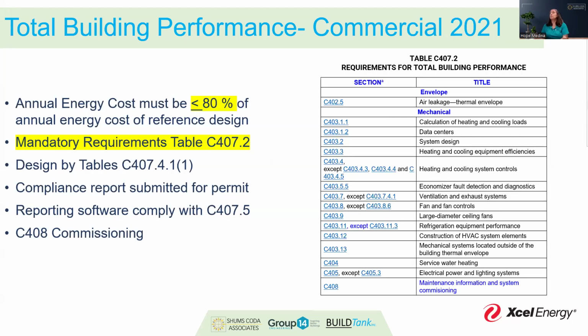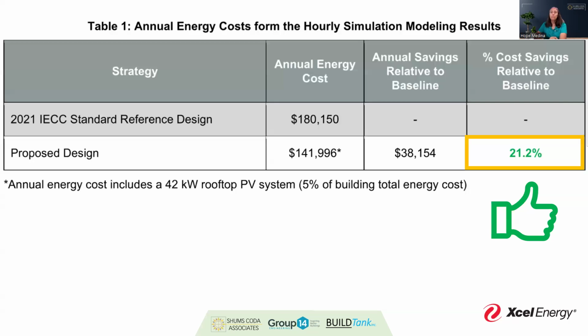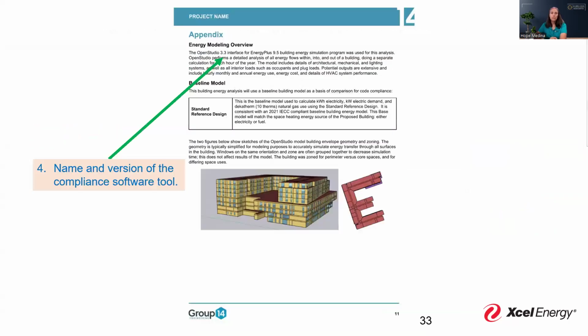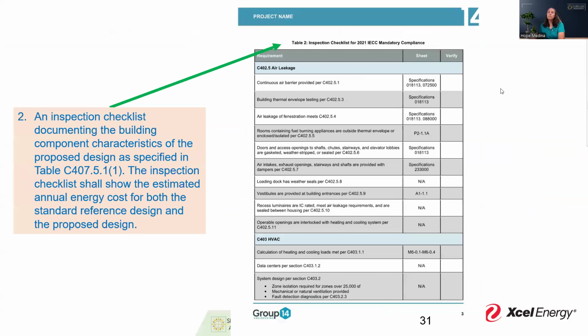The other thing to keep in mind is it's not just the annual energy cost, it also has to incorporate all of the mandatory requirements that we would find in table C407.2, which is this table here. That's where this section of the report would come into play, because this is saying we have to comply with your air leakage, which is in C402.5.